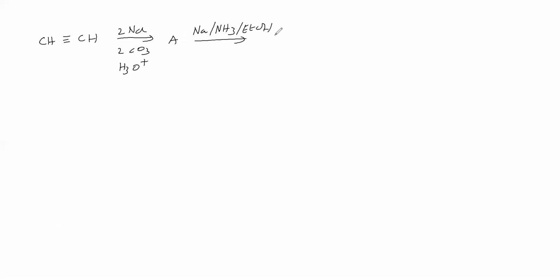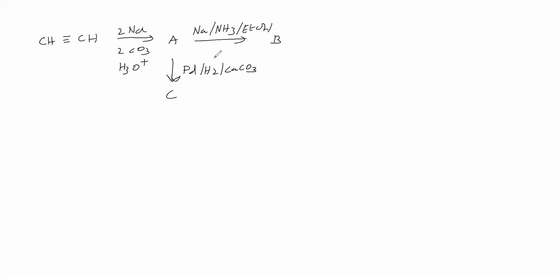What we are getting means B. This A with palladium catalyst, hydrogen and calcium carbonate. Calcium carbonate is a catalytic poison for palladium. Gives C. Now, what are A, B, C? They are asking.